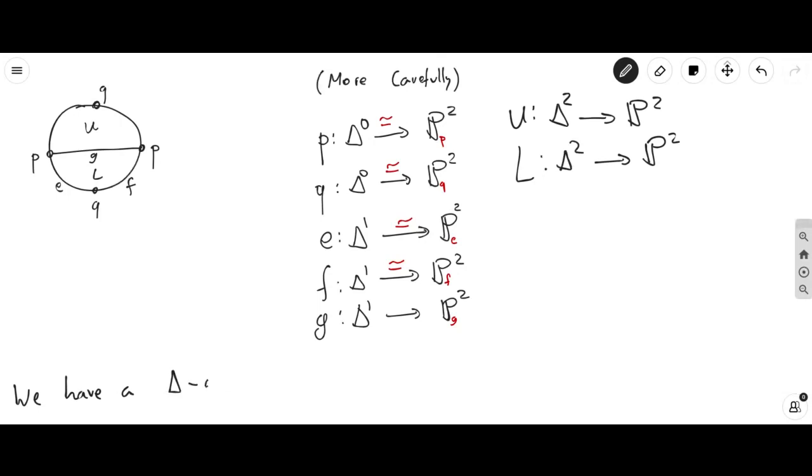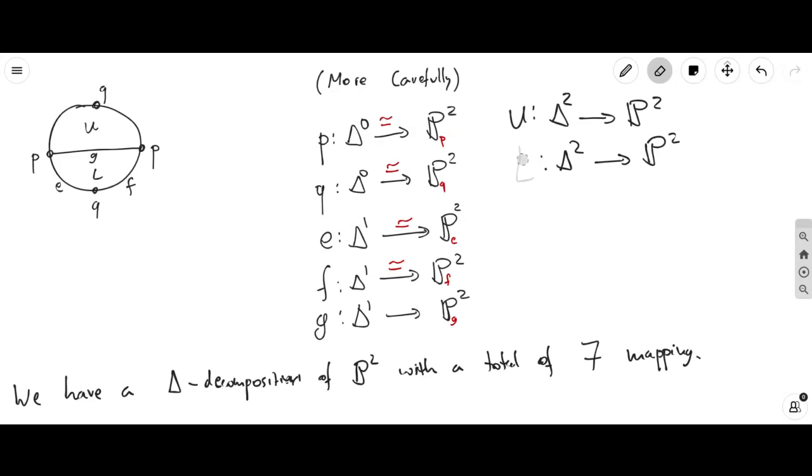So we have a delta decomposition of P2 with a total of 7 mappings. So we have, so these two, we will call them in quotation marks the triangles. So we have 2 triangles.